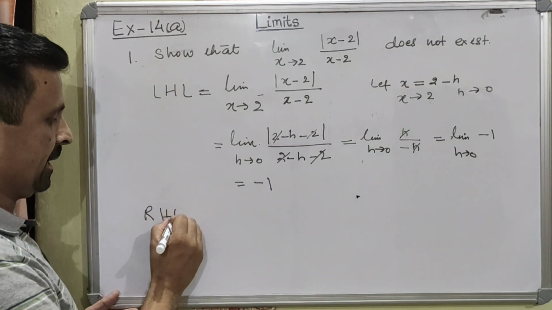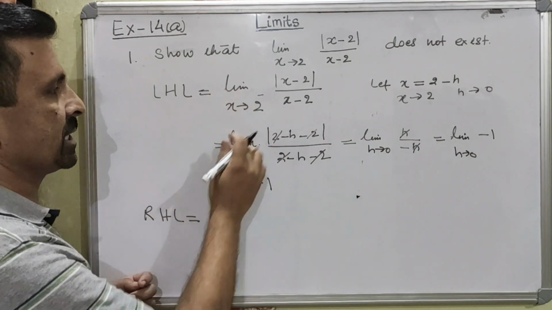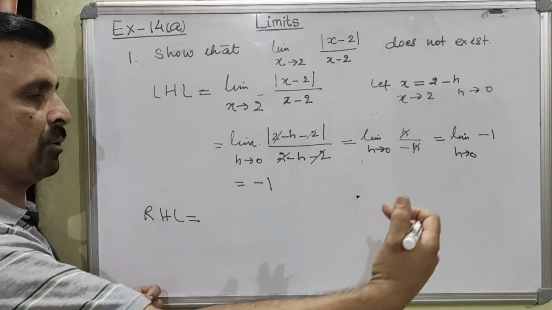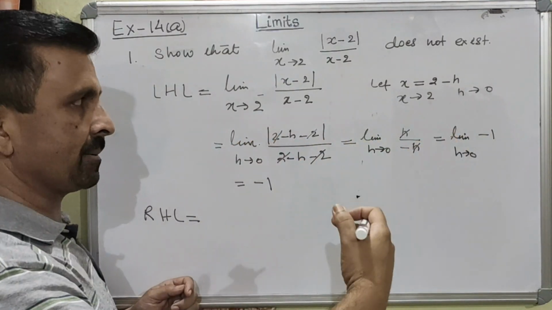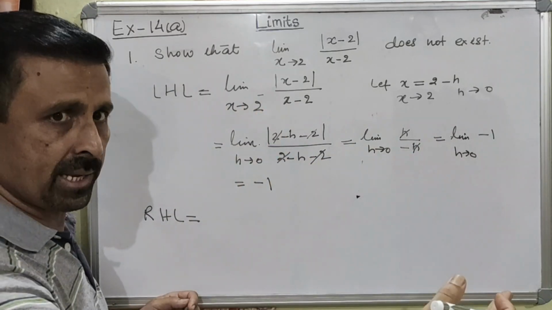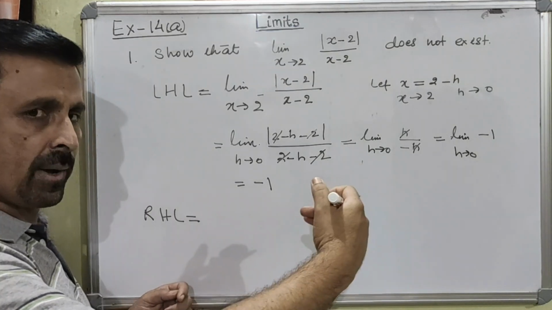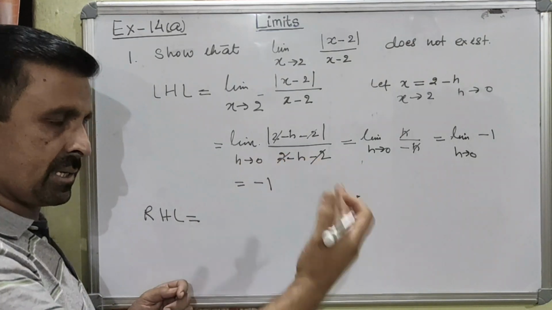Right hand limit is equal to, now since we are approaching 2 from the right side, that means the value of x will be a little bit more than 2, because you are approaching from the right side. So maybe 2.1, maybe 2.01. So it is greater than 2.